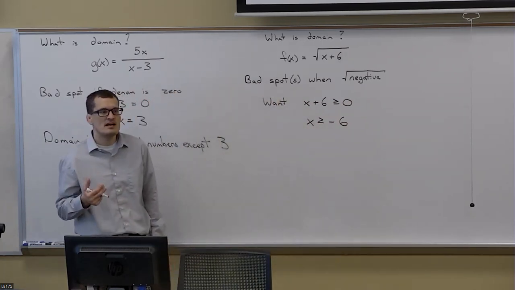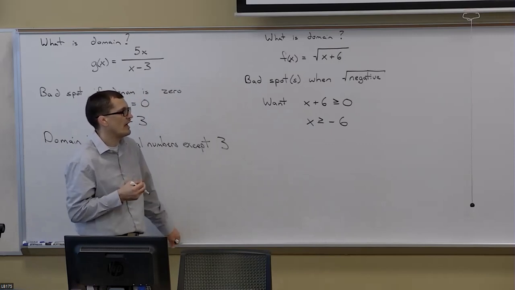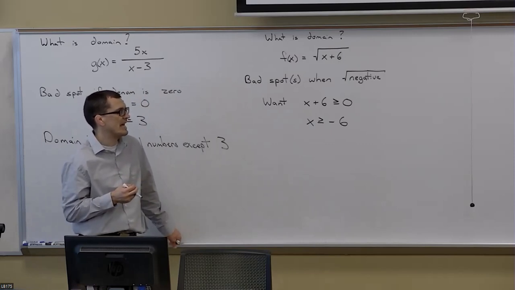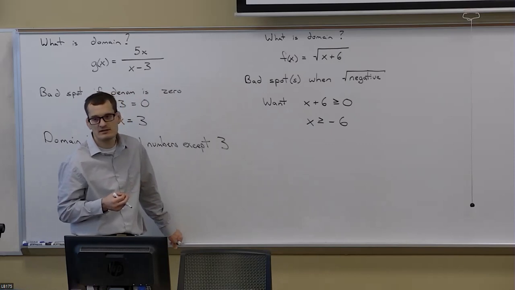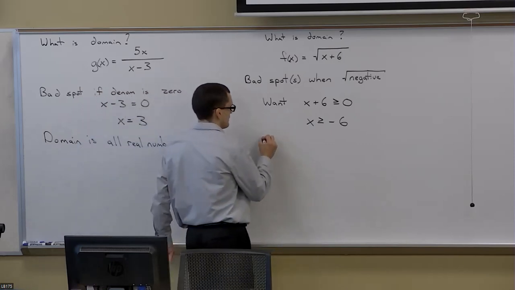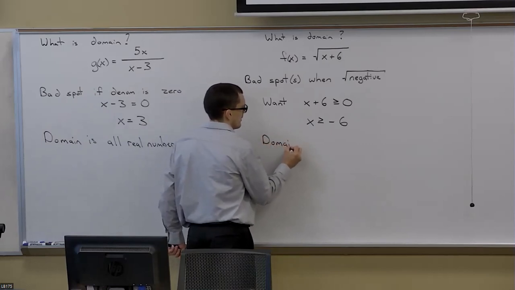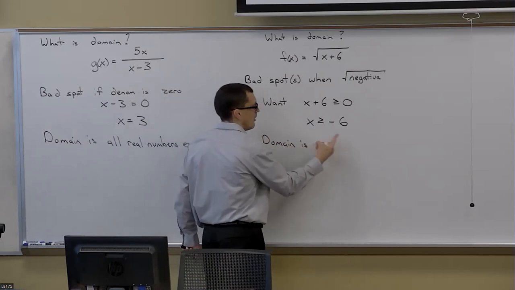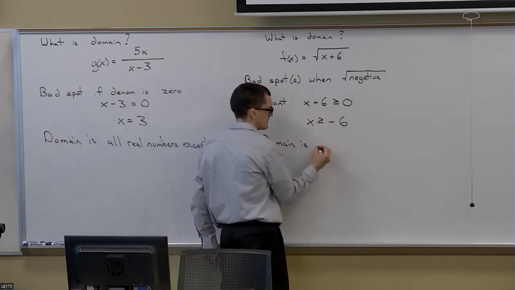And so what that tells us is that we want all of our inputs to be at least -6. -6 or higher. And so that's our domain. Our domain is all real numbers which are bigger than or equal to -6.